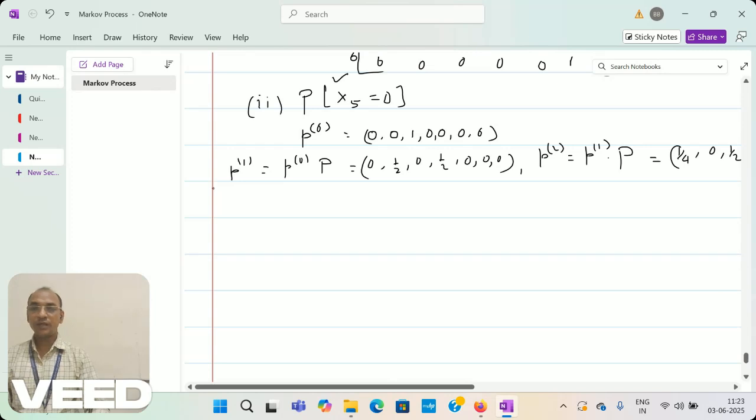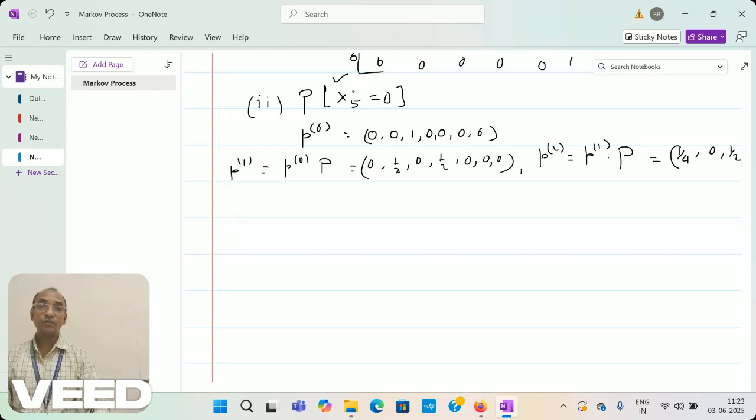Then, since I am going to find the fifth step after the fifth play, I have to find up to P5. But what I will do here, P3 next I will find.